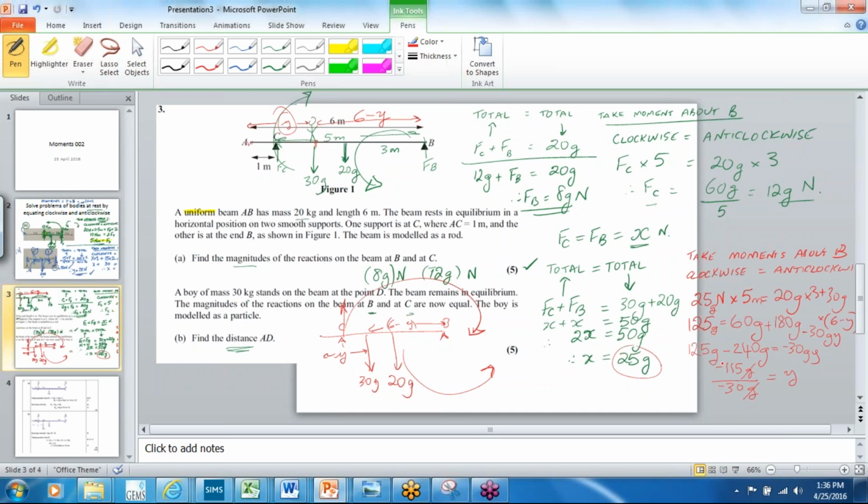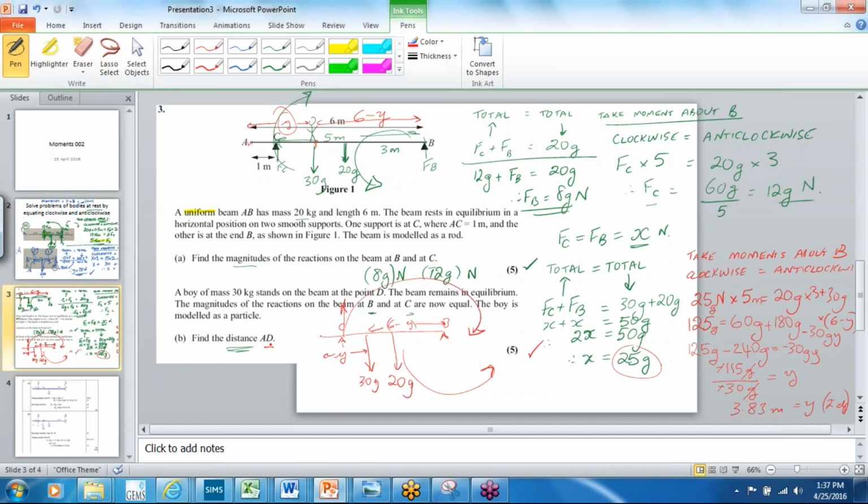G's cancelled, negatives cancelled, and we're left with 115 divided by 30. 115 divided by 30 equals 3.83 meters. Two decimal places, I'll just put two decimal places. And that is the distance.